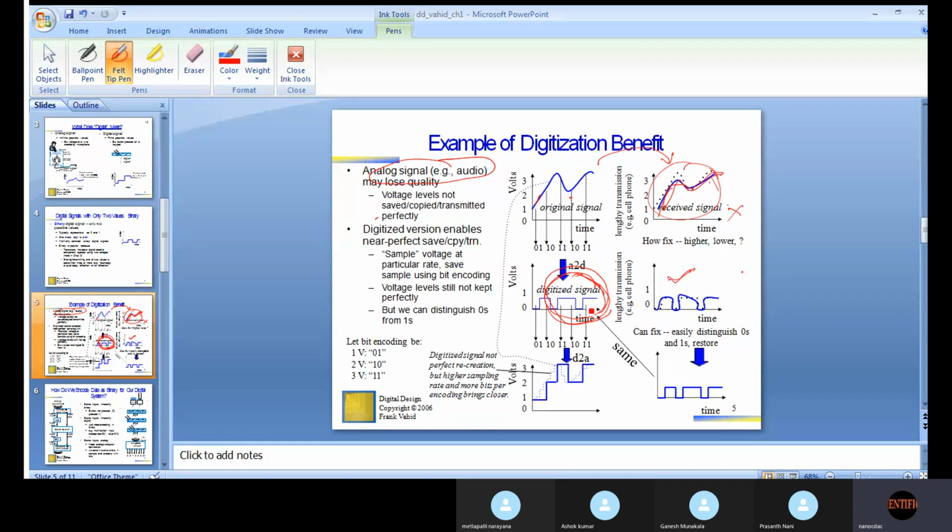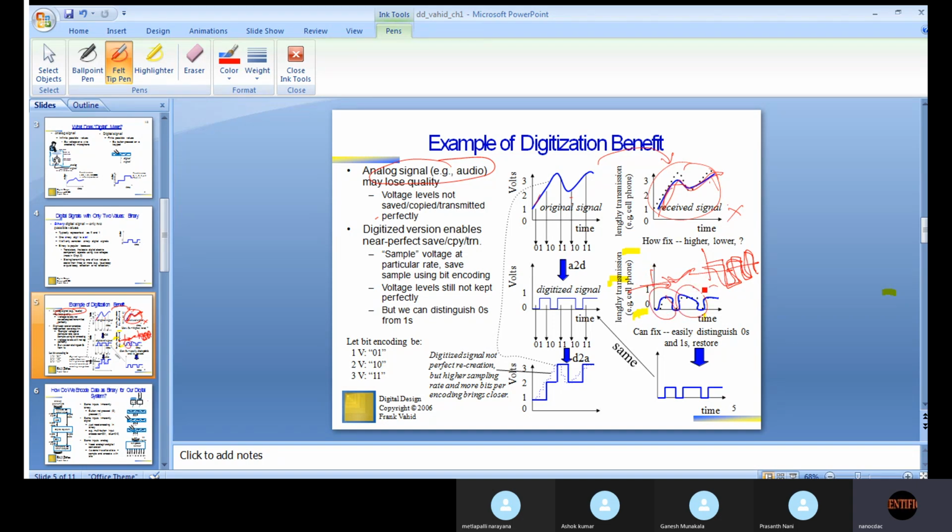Suppose we are transmitting this digital signal. When transmitting, it will also be affected by noise, or there will be error values in the received signal.